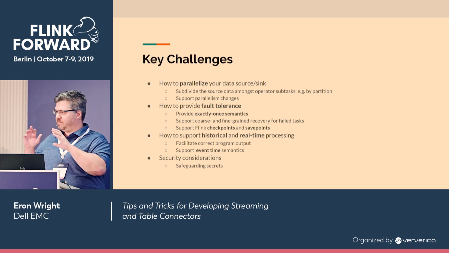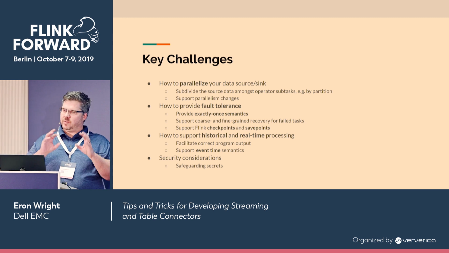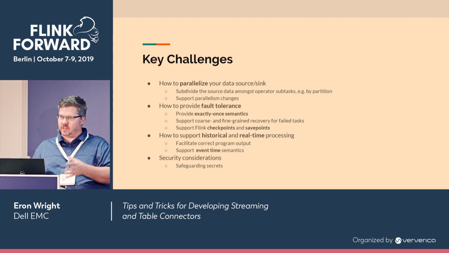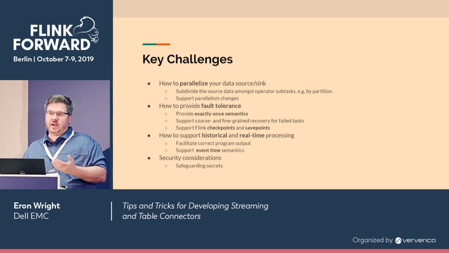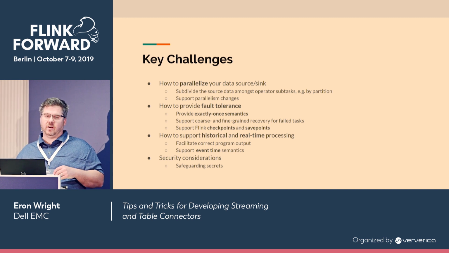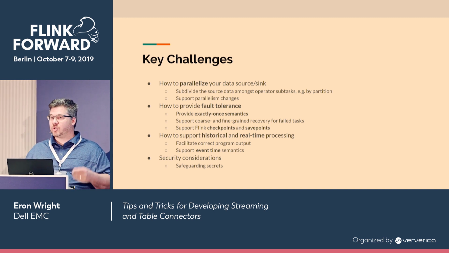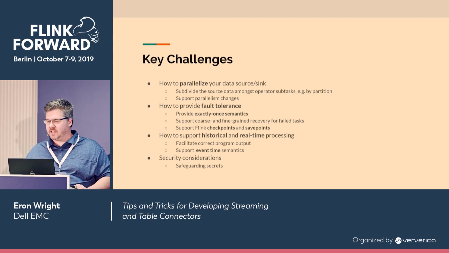Usually that's done by suspending the job, stopping the job, taking a save point, and then starting the job from that save point, and there a parallelism change might have occurred. And some of the state mechanisms that are in Flink are geared towards making that parallelism change possible and relatively easy to do.